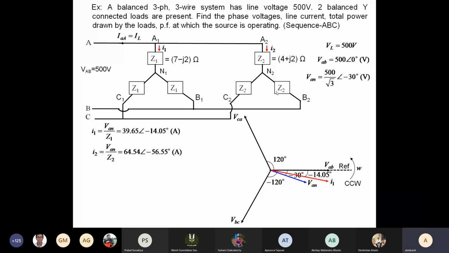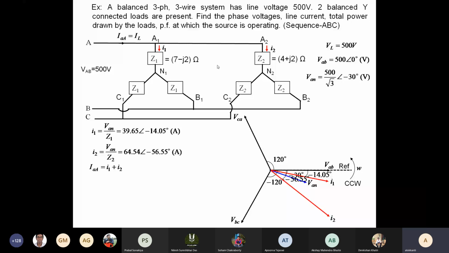This I1 and I2 combined will generate the line current IA. So IA is equal to I1 plus I2. You know how this addition has to be done, that is by completing the parallelogram and then joining the diagonal.